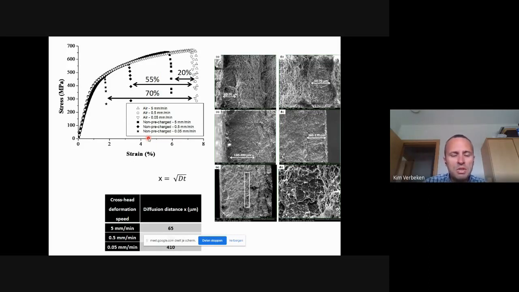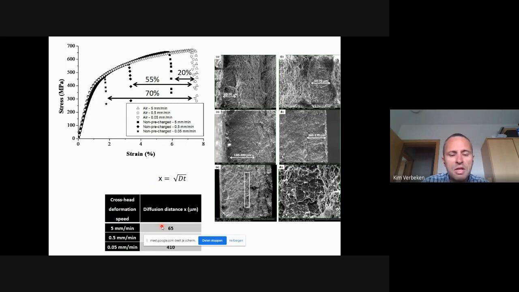And the idea was, when we are doing the tests at different cross-head deformation speeds, as you see over here, that we can vary the distance that hydrogen can travel inside your material during the test. Can we see this effect of hydrogen on our sample when we do fractography on the specimens, and can we correlate the distance that hydrogen has traveled with changes in fractography?